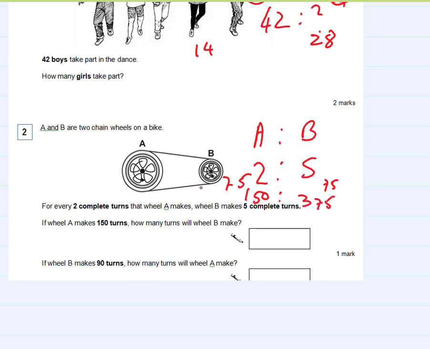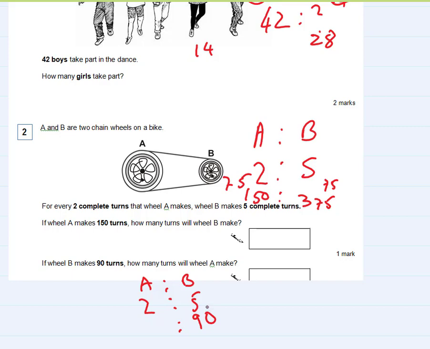And then the question says, if wheel B makes 90 turns, so let's rewrite the ratios again. A to B, we know again that for every 2 complete turns, the question hasn't changed, B makes 5. Now the question is saying that B makes 90, how many should A make?